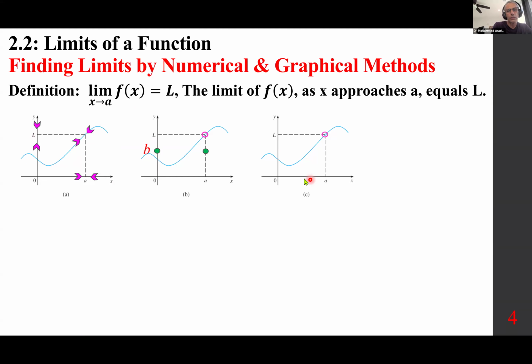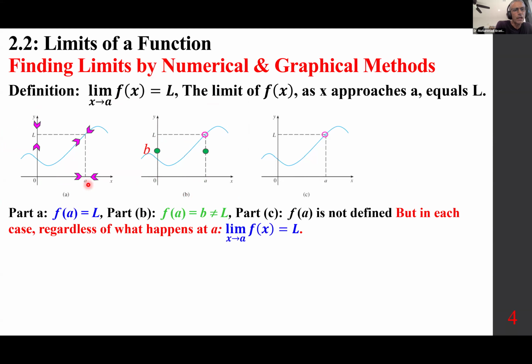In all three cases, whether you approach a from the left or right, you get to L as far as the y coordinate is concerned. So the limit of f of x as x approaches a is L for all three graphs. What's the difference?